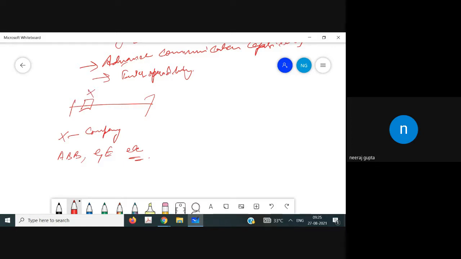After 2 years, I purchased another relay of some other manufacturer, manufacturer Y, and installed it in the substation.